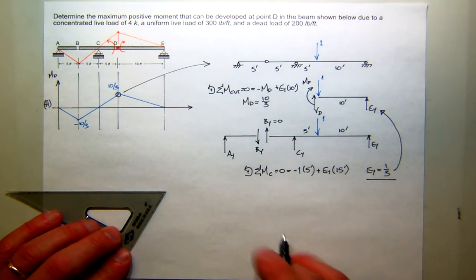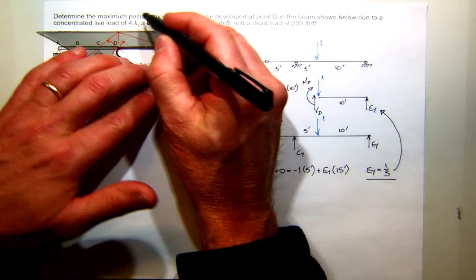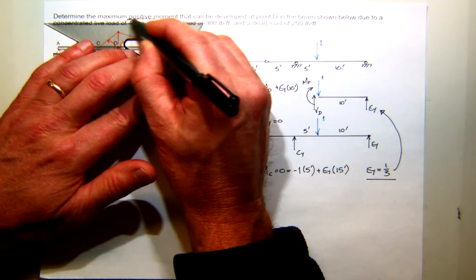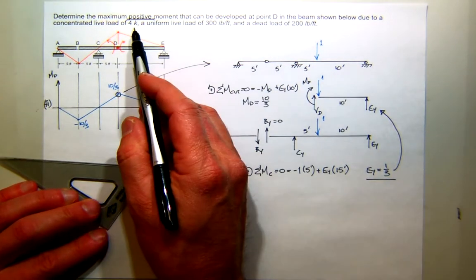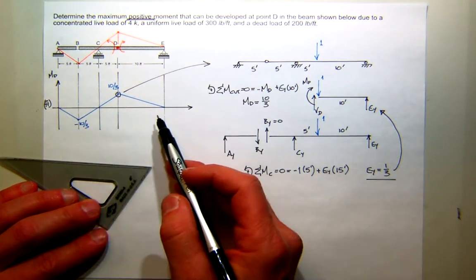What does the problem say? What's the maximum positive moment that can be delivered due to a 4-kip load? So what's the maximum positive value?